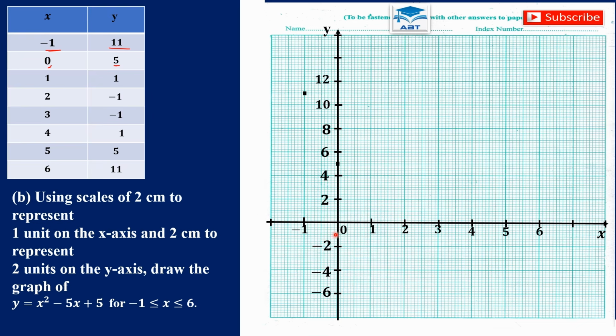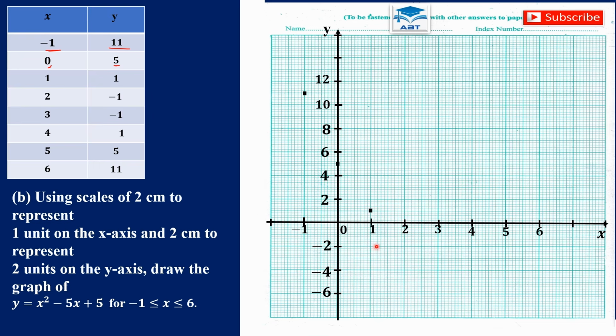The next one, when x is 1, y is also 1. This is 1 on the x-axis, and 1 on the y-axis is at the middle of 0 and 2, which is here. So they will meet here.